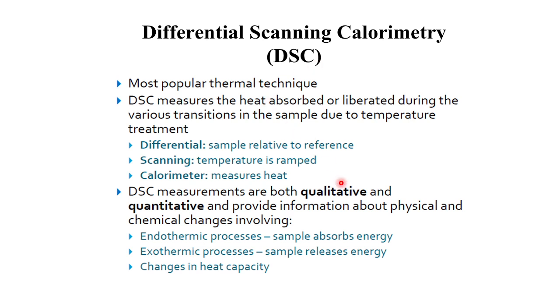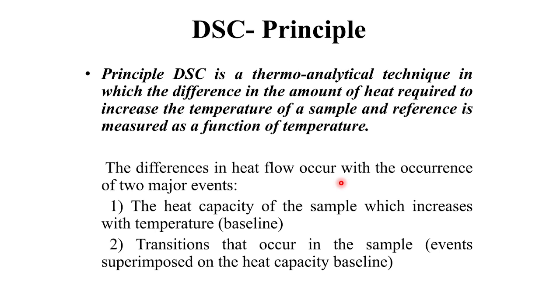DSC measurements are both qualitative and quantitative, and provide a lot of information about physical and chemical changes occurring during the temperature ramp. In an endothermic process, the sample will absorb energy, and in an exothermic process, the sample will release energy, and based on that absorbance or release, the heat will differ. This is the principle.